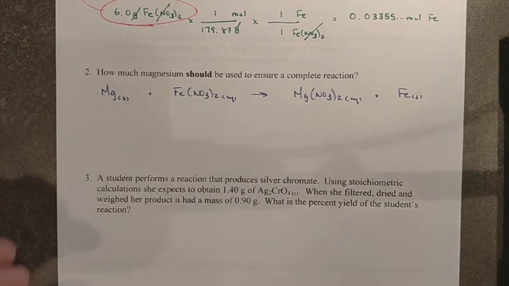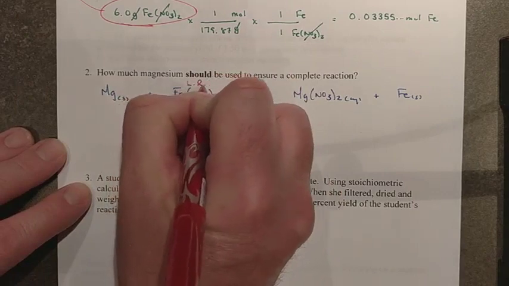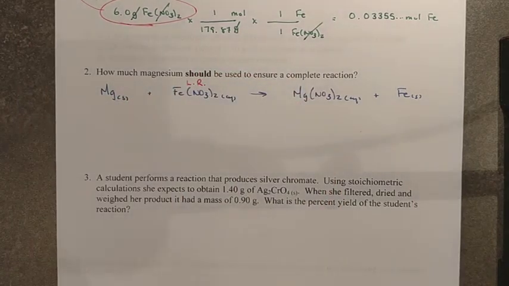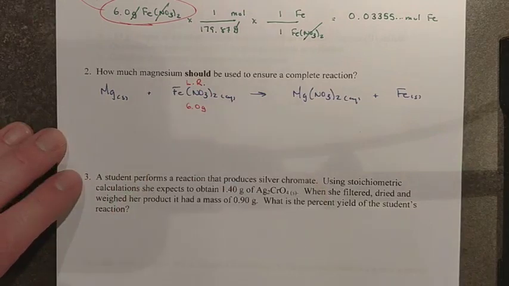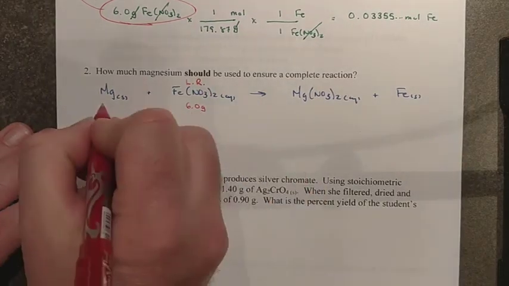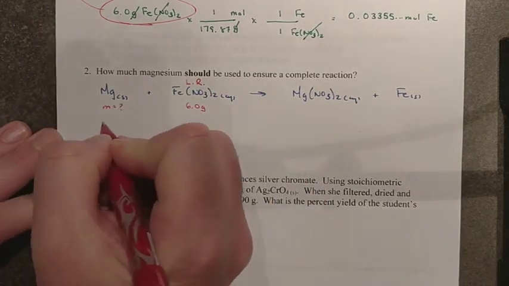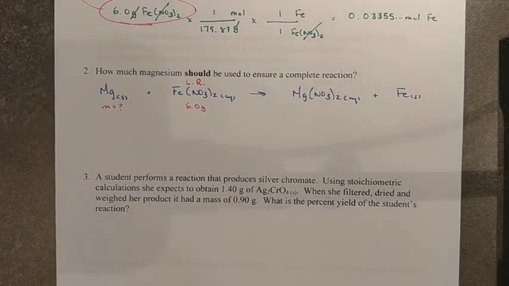If iron nitrate is our limiting reagent here, and we're cool with that, then there is a certain amount of magnesium that I should use that is economical, that is still sufficient, but not wasteful. Okay, so what we can do is figure out if 6 grams of iron 2 nitrate is completely consumed, what mass of magnesium do I actually need to use all 6 grams?